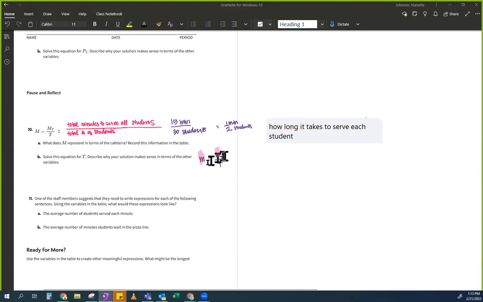So how would you solve this? So I'm essentially saying, can you solve this equation instead? 3 equals 7 over t.